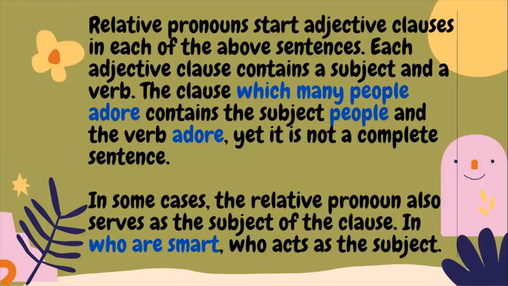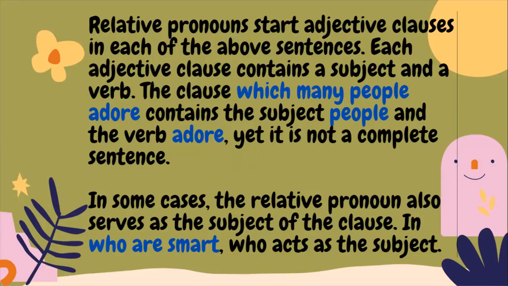That is the explanation. Relative pronouns start adjective clauses in each of the above sentences. So we have seen that why, when, where, all these relative pronouns are necessary to start the adjective clauses. Each adjective clause contains a subject and a verb.